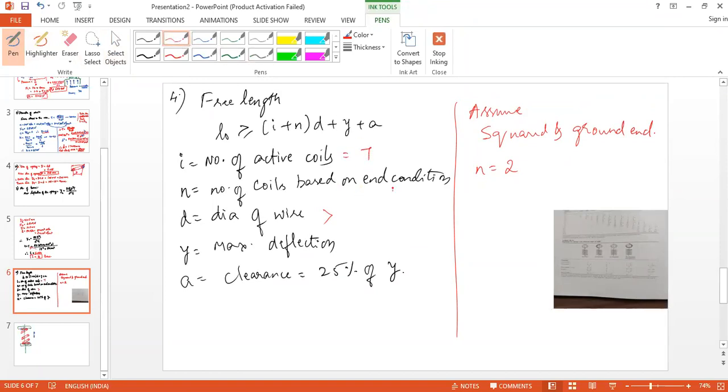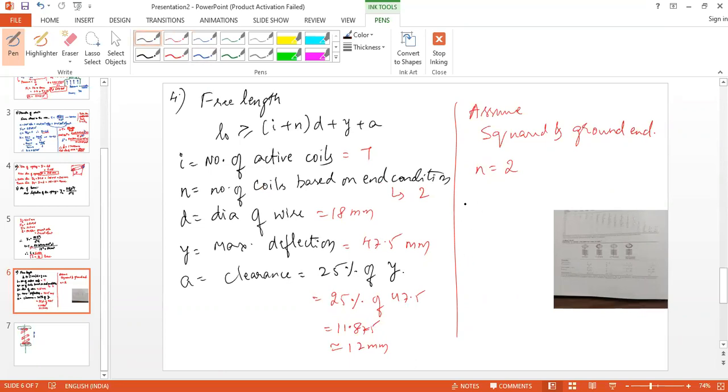Here the number of active coils is 7, the number of coils based on end condition is 2, the diameter of the wire is 18 mm, maximum deflection is 47.5 mm, and the clearance is 25% of Y. So 0.25 times 47.5 is 11.875, or you can take it as 12 mm.